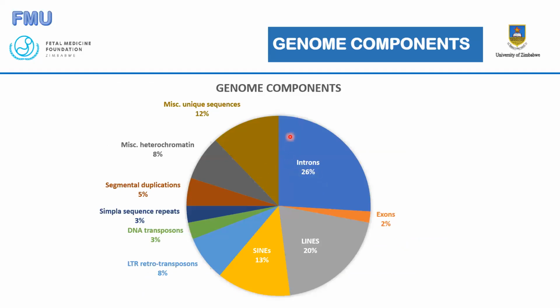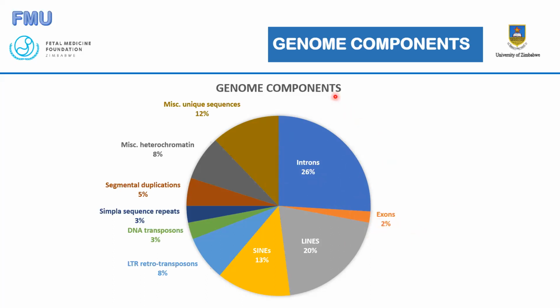Gene components. So when you look at the chromosomes, there are lots of regions of the chromosomes which serve different functions. But the most important part of the chromosomes is this part which we call exons, because exons are the ones that code for proteins.